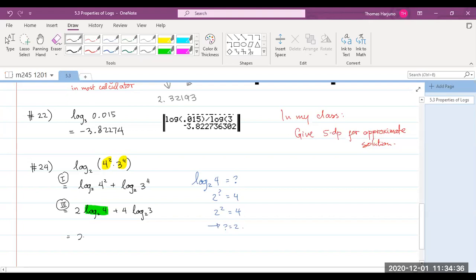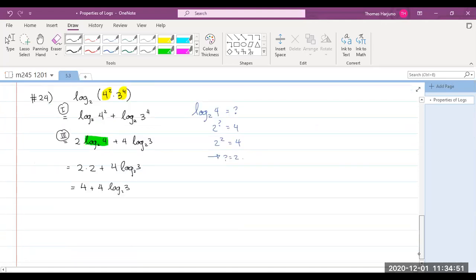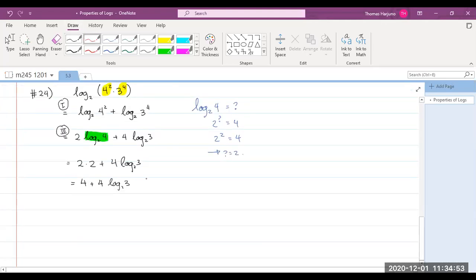Okay, so this is 2 times 2 plus 4 log base 2 of 3. I think the furthest you can go is 4 plus 4 log base 2 of 3. Now we call this the exact form, the exact solution.